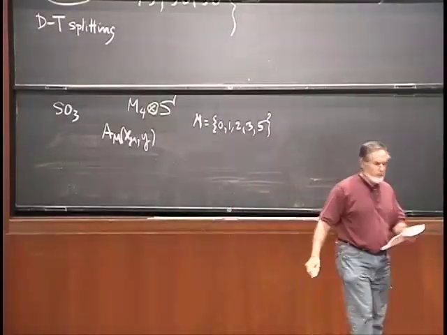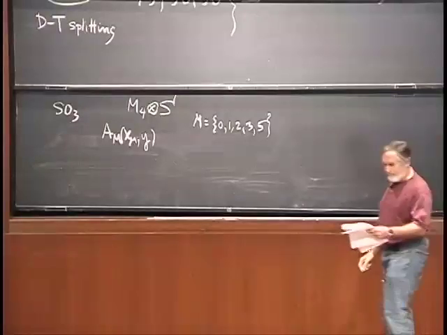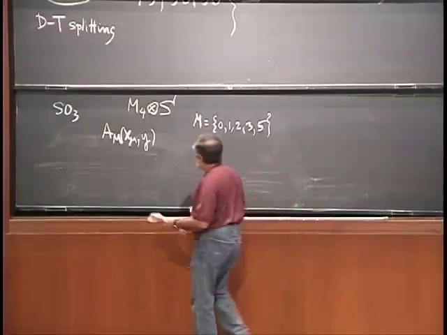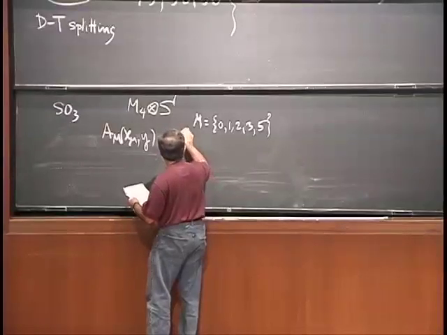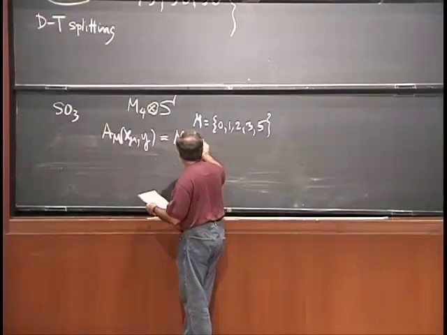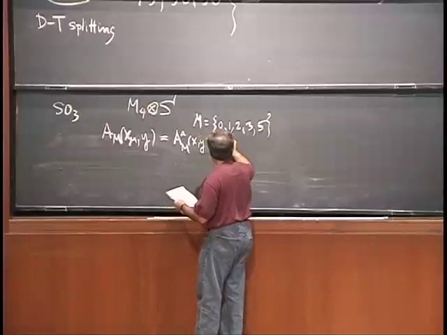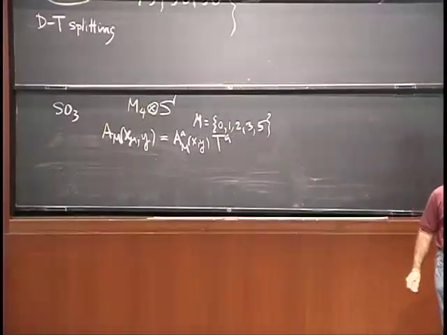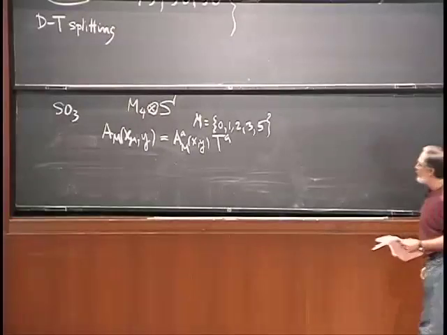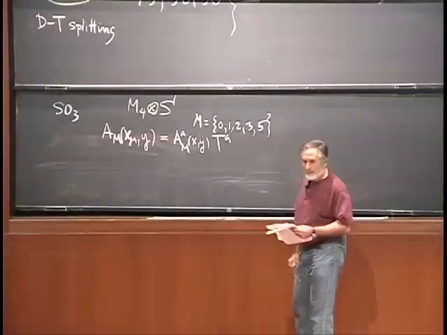And y goes from 0 to 2πR. I'll write this in terms of component fields A_M^a of x and y times generators T^a. So this is a 3x3 matrix in the adjoint representation of SO(3).